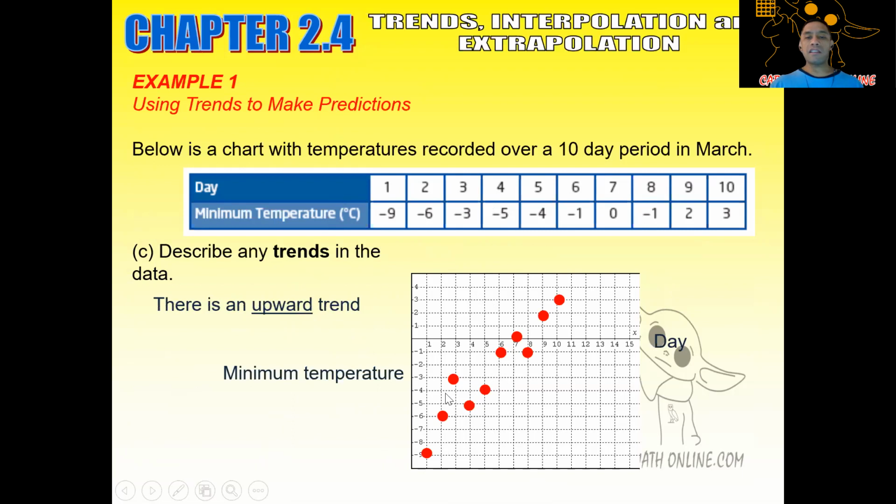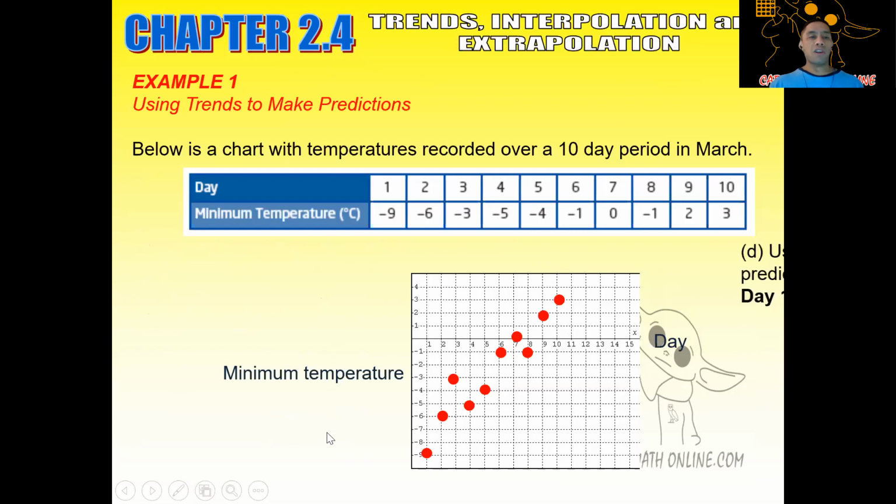Since all of them, or most of them, are going upwards, this is an example of an upward trend. You notice that it's not steadily going upwards because it is temperature. Temperature changes quite frequently, so I want you to see we're looking at the overall general trend. That's why it's upward.